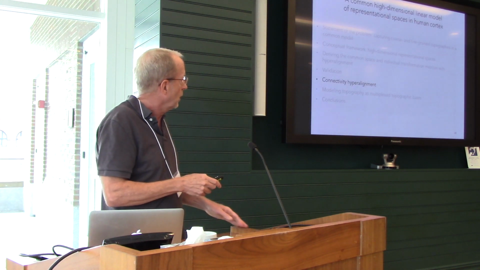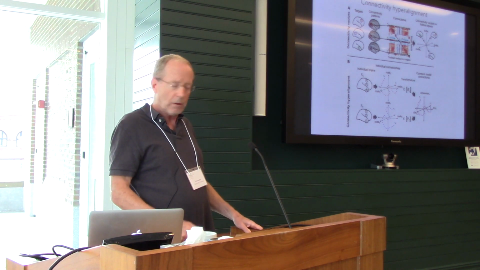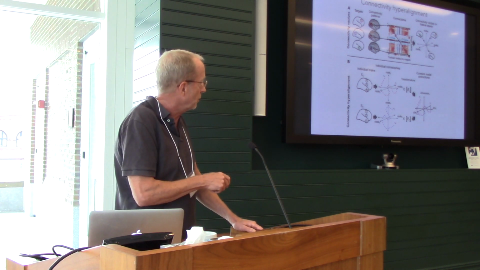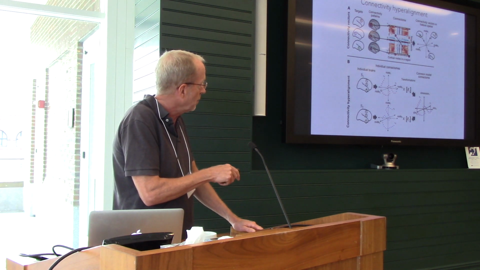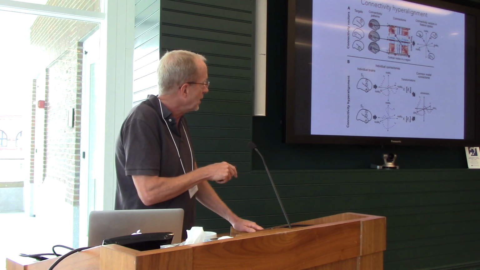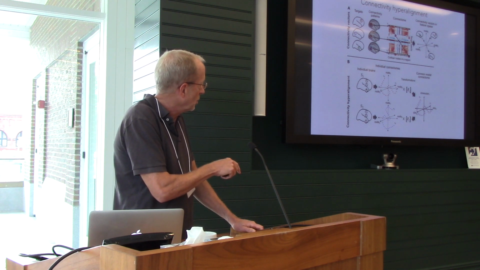How about connectivity hyperalignment? I promised that I would talk about it. As I said, we can think about the common model space as also containing the connectivity of each voxel with targets elsewhere in the brain. So we set this up to define multiple targets across the brain.